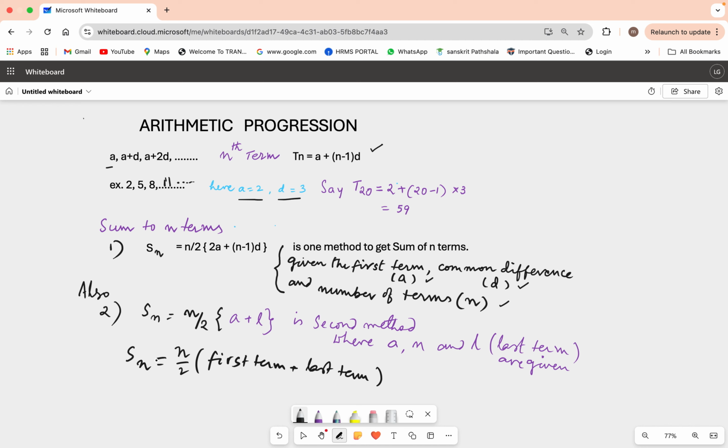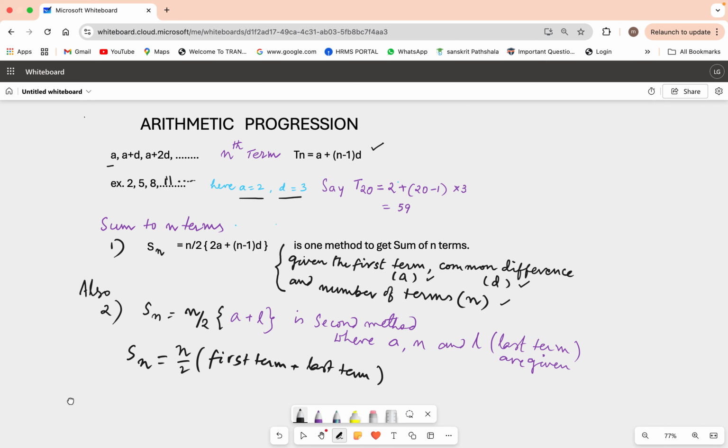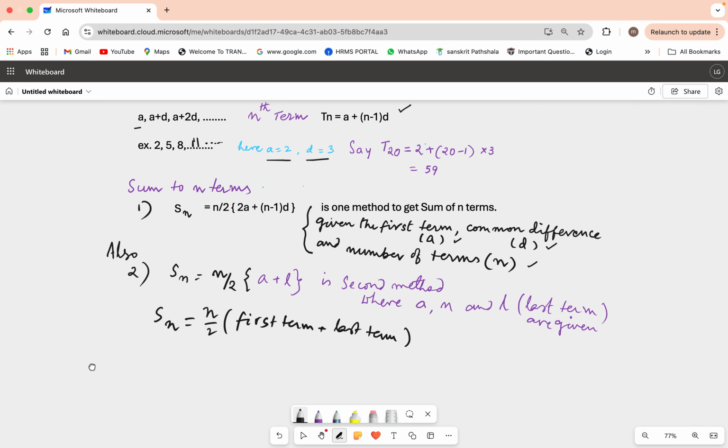So this is the second method. Fine. With this we have identified what is the nth term, what is the sum to n terms in two different ways, and how a series is generally explained as A plus D, A plus 2D. With a numerical example also we have tried to understand it.